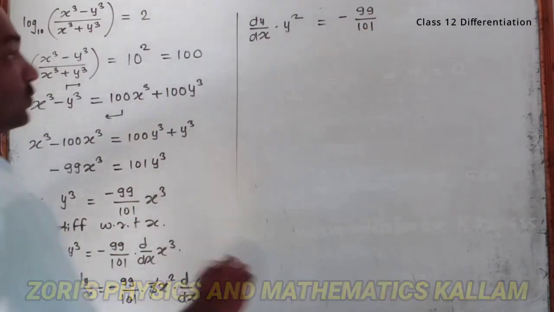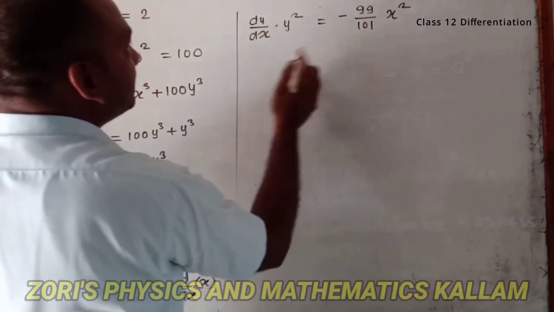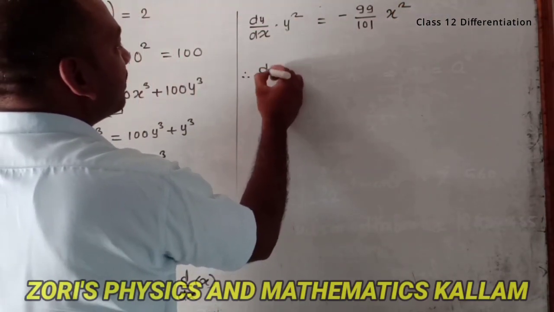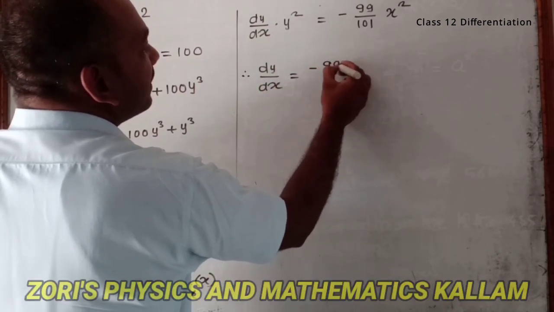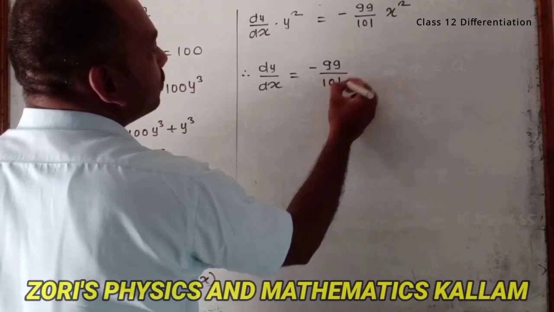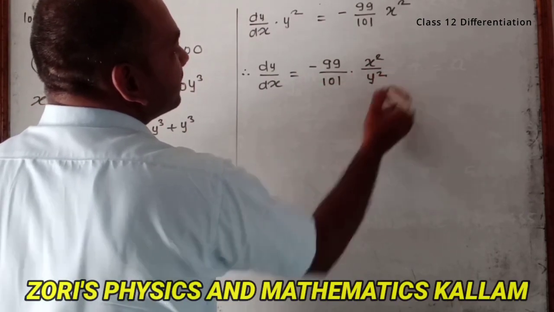This derivative is 1, so this is x square here. Take this y square to the left here. Then we have dy upon dx is equal to minus 99 upon 101 into x square upon y square.